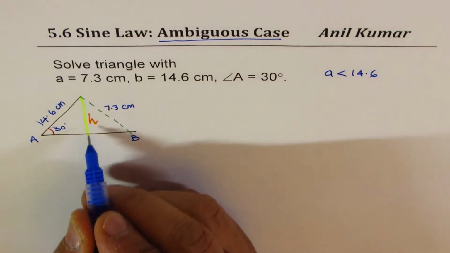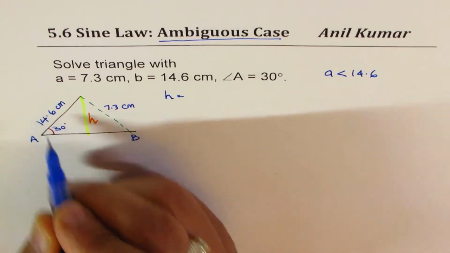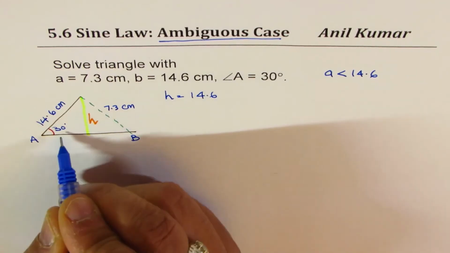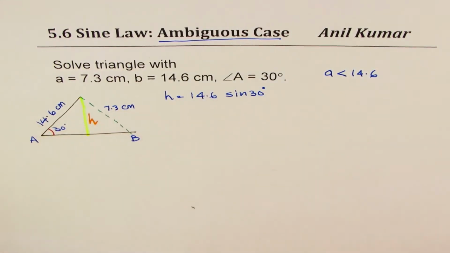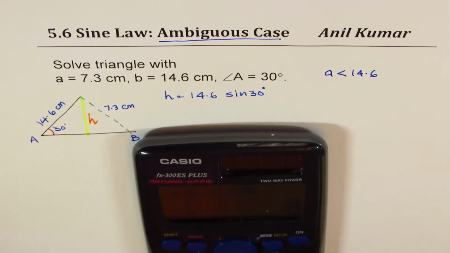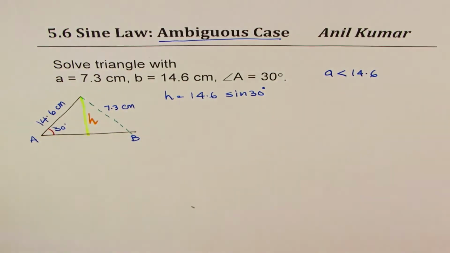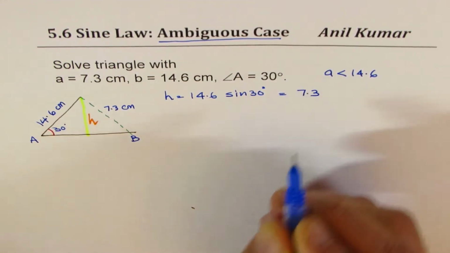So height h, you could find using that side, 14.6, and sine of the angle, sine 30 degrees, correct? So let's do this. We'll do 14.6 times sine 30 degrees, which gives us in decimals 7.3. Perfect. So this is equal to 7.3.